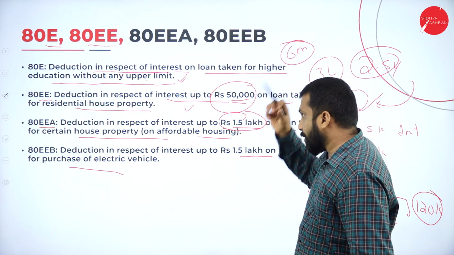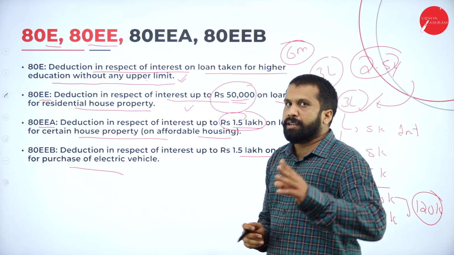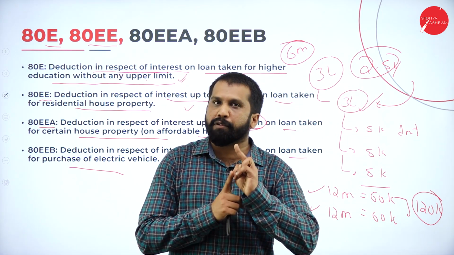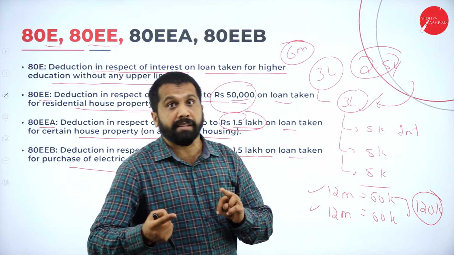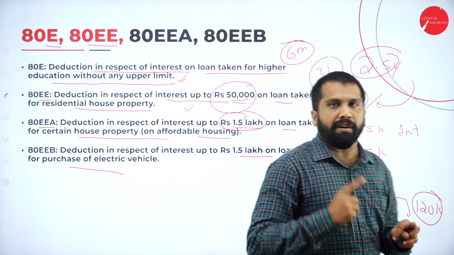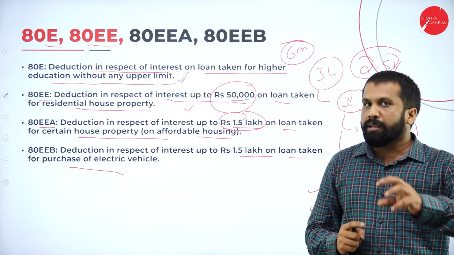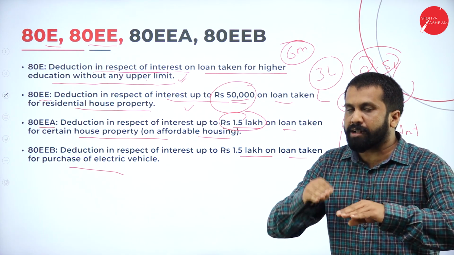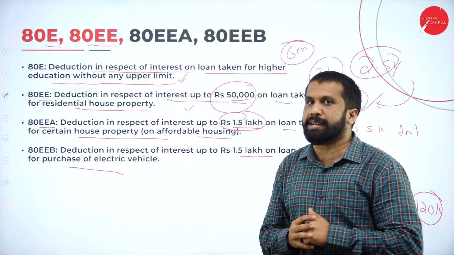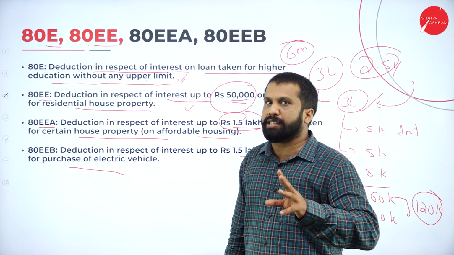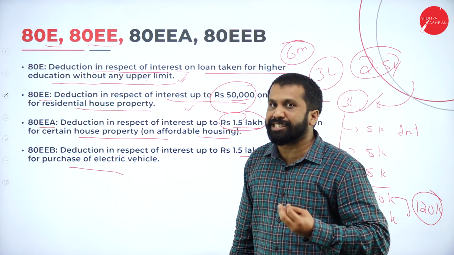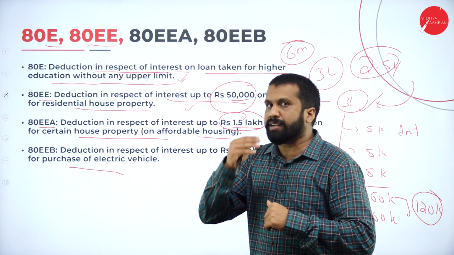of electric vehicle. See, there are two types of vehicle. One is fuel, meaning you can put petrol or diesel, but one more vehicle is there, the electric vehicle. For electric vehicles, if you take a loan, to promote them and avoid pollution, the government has a plan. Normally if you purchase a vehicle, it is what? Luxury. You cannot avoid tax.